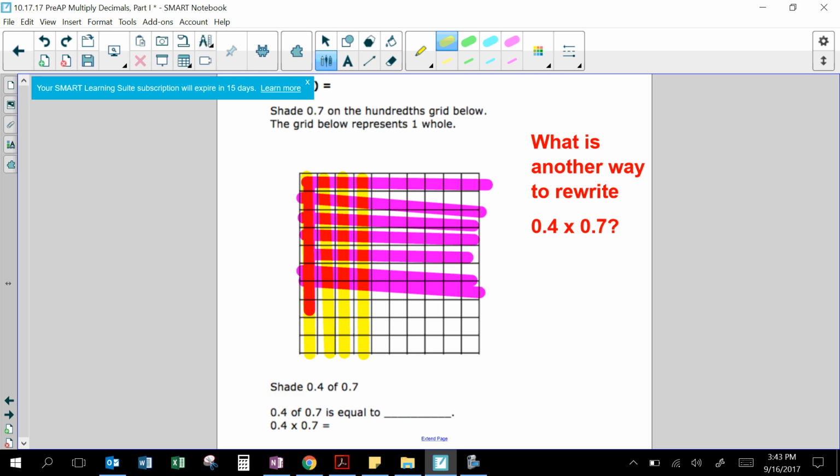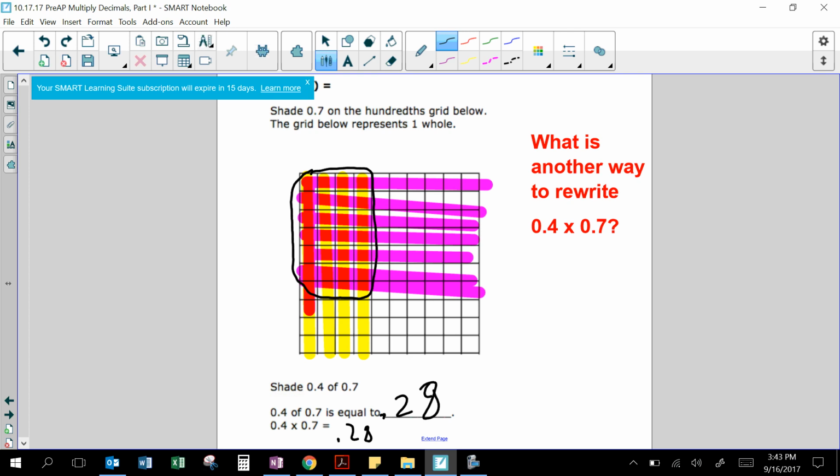What part, what fraction of this 1 whole did we shade? Let's see, it's all of this right here. 4 by 7 is 28 hundredths. So 4/10 times 7/10 is 28 hundredths.